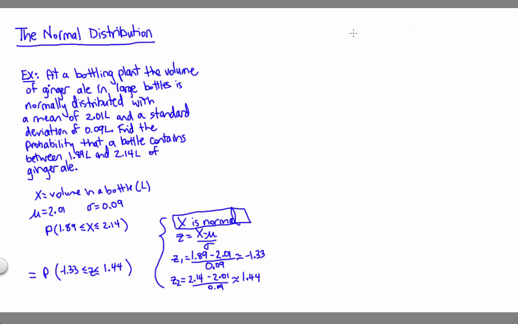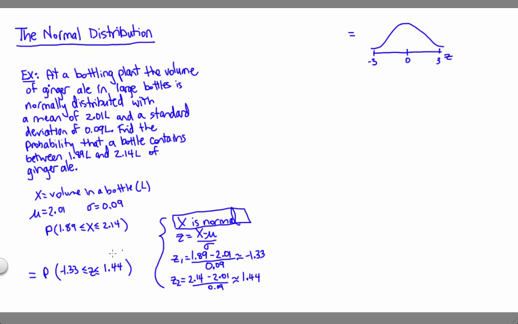Now this probability is equal to the area under the following curve. I'm going to draw what's called the Z curve. This Z curve is centered at 0, and as a point of reference, this value here would be about negative 3 and that value there would be about positive 3.